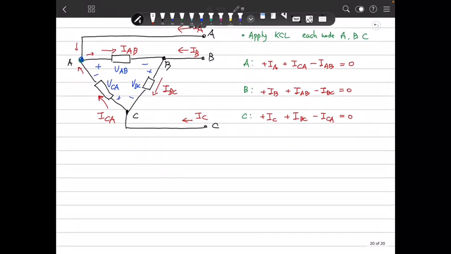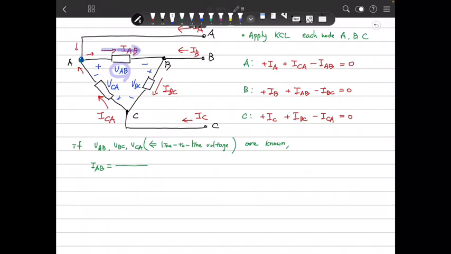Now, if the line-to-line voltages V_AB, V_BC, and V_CA are known, then we can calculate I_AB. What is I_AB? I_AB is the current going through here, V_AB divided by the impedance.